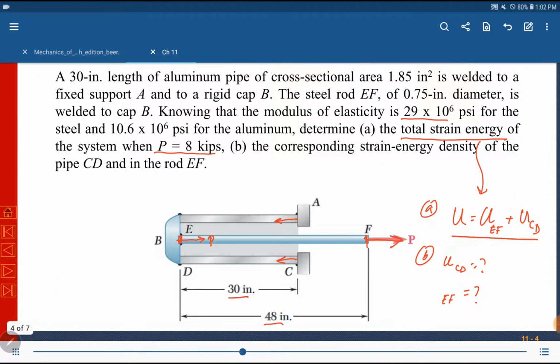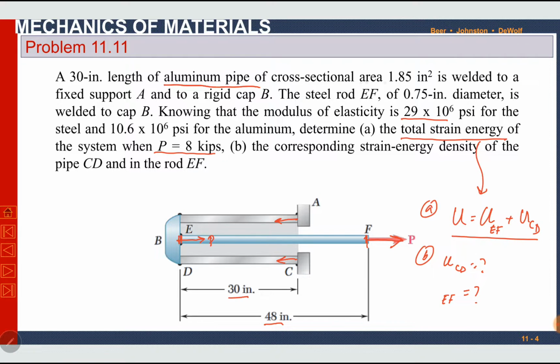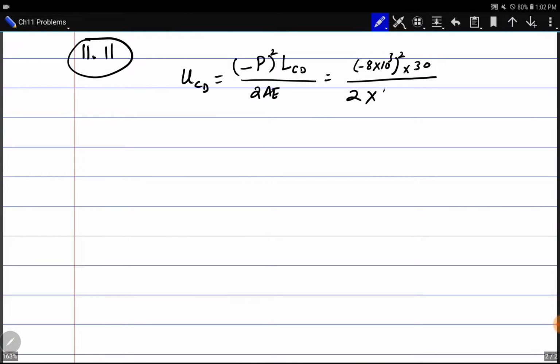Area of CD aluminum pipe is given as 1.85 square inch, and E is given 10.6 into 10 power 6. So UCD becomes 48.95 inch pound.